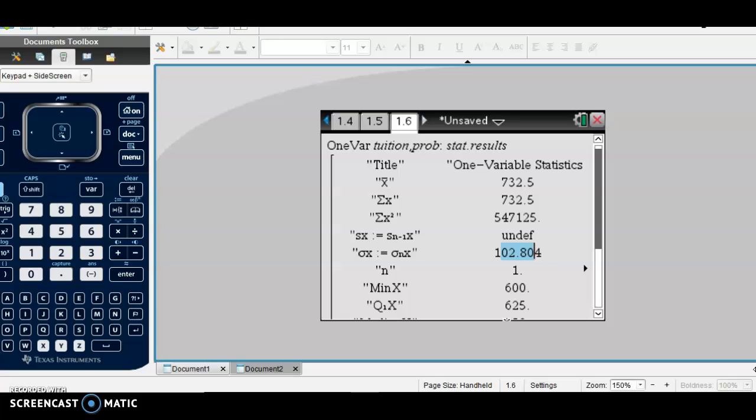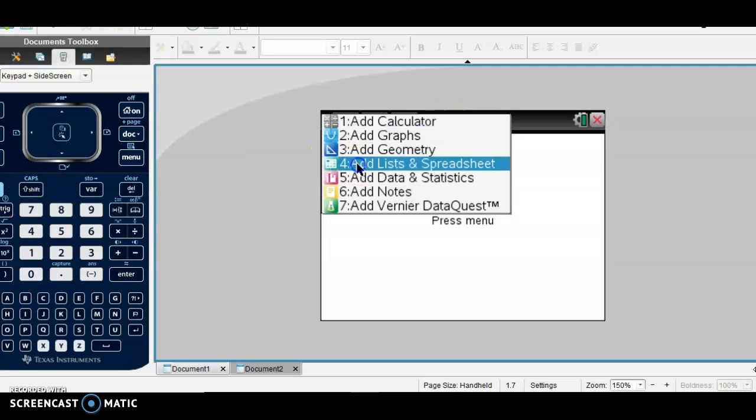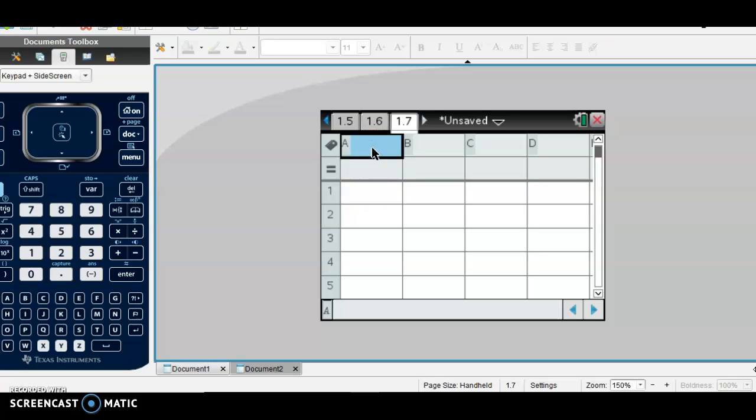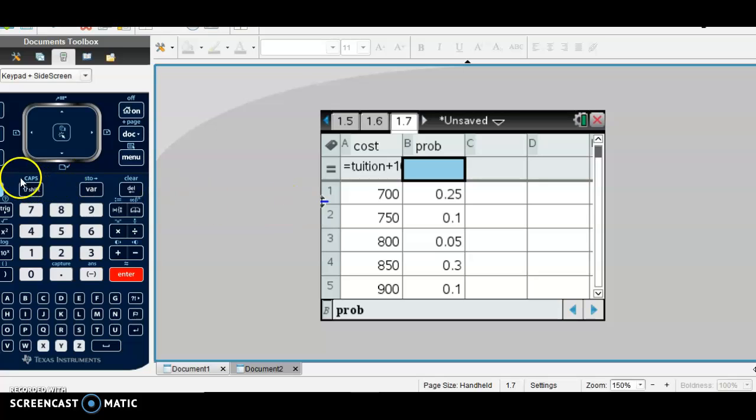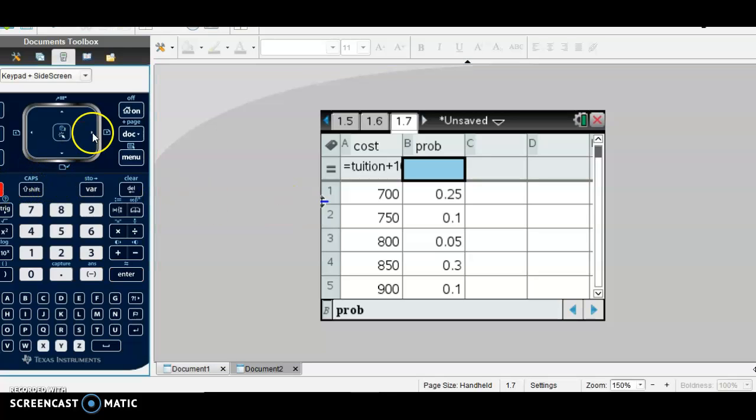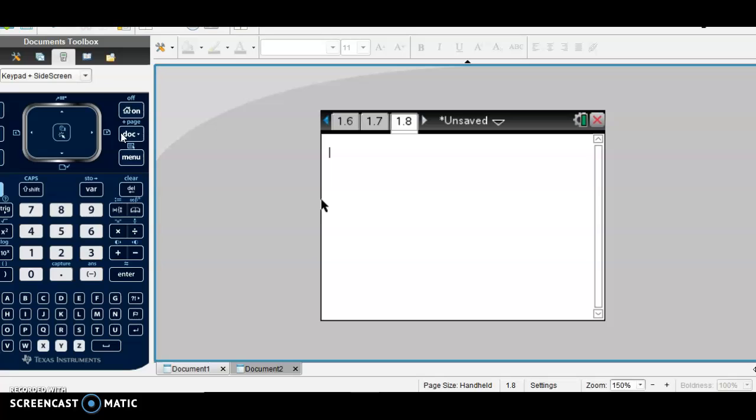Let's see what happens with mean and standard deviation. So new list, I'm going to call this variable cost. And cost is going to be tuition plus 100, and I'll fill that. And this is still going to be prob. And I already showed you the histogram, so let's just jump to the one variable statistics.